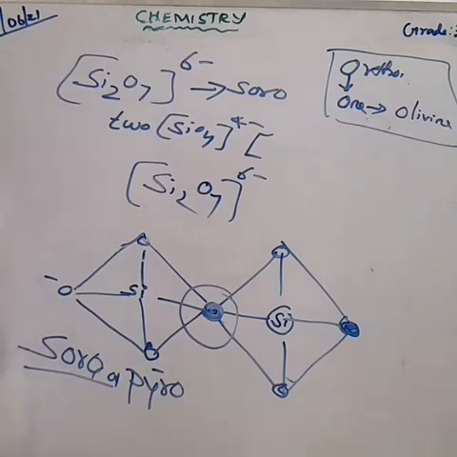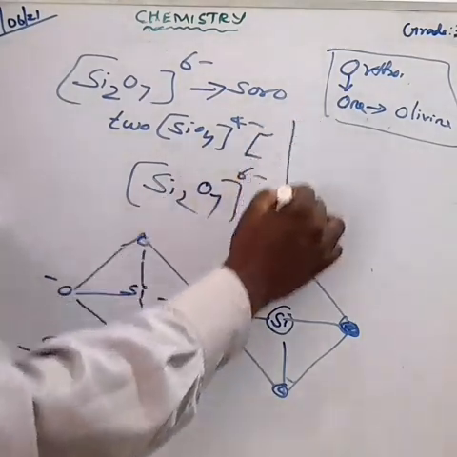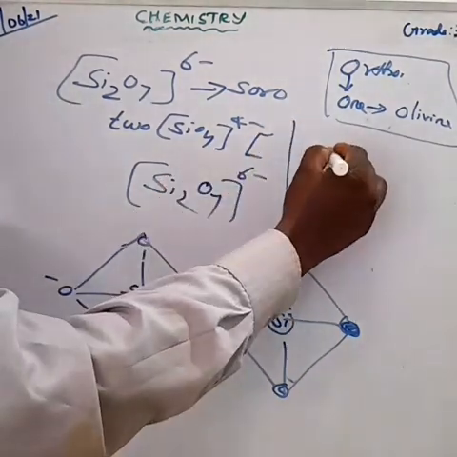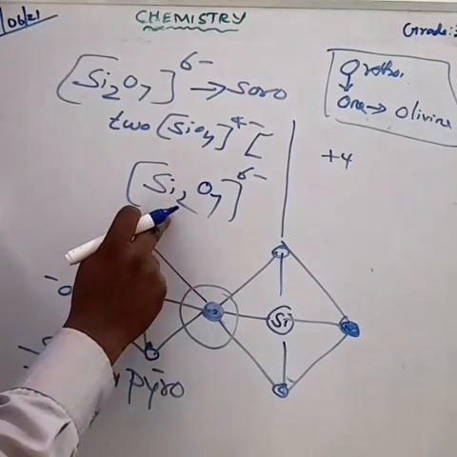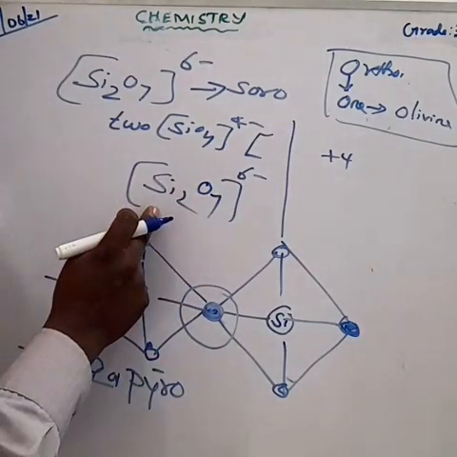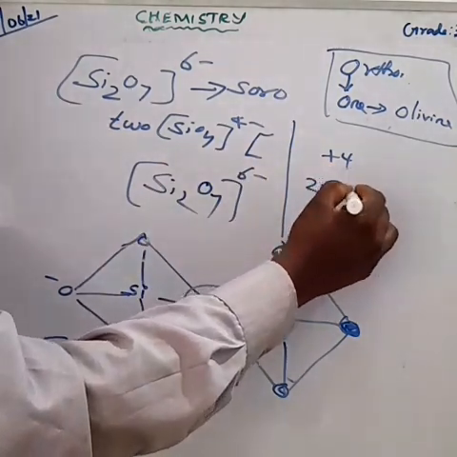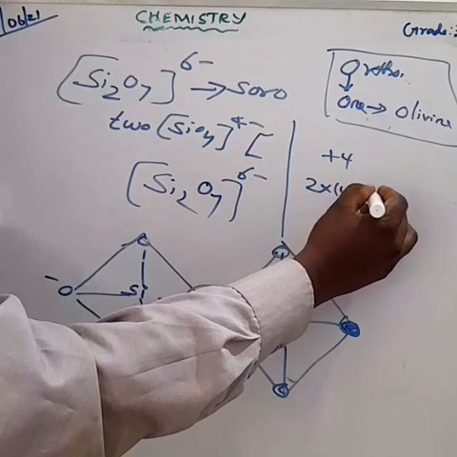How does the charge come? We can find the charge. 1 silicon is how much? +4. It belongs to the carbon family, the outermost shell having 4 electrons. So 2 into +4 is +8.